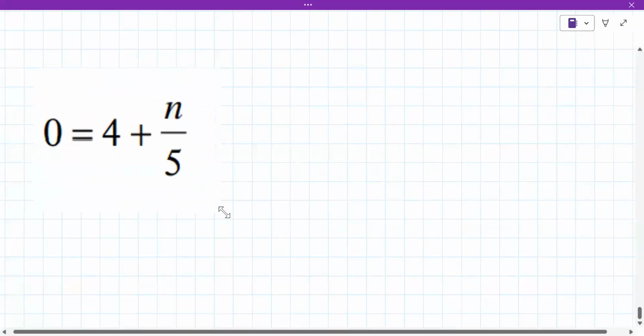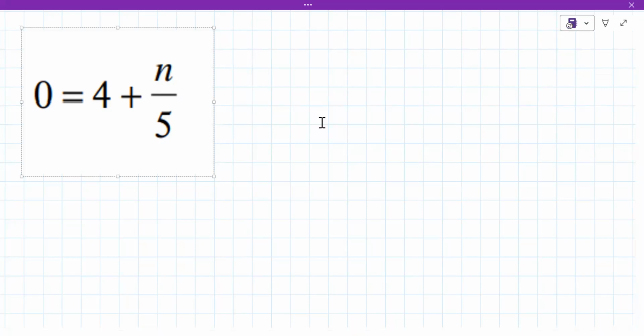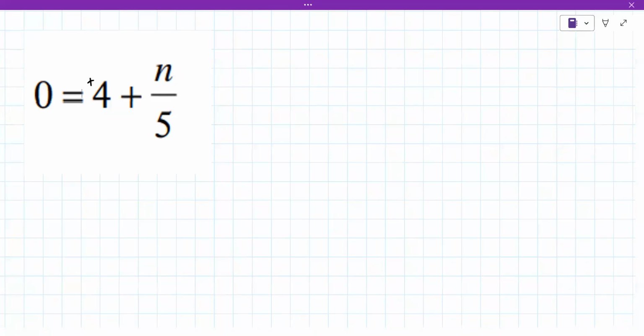All right. Give this one a try, please. There's no sign before the 4. Okay, so if it's not written, what do we presume it to be? Plus? Yes, yes. +20?